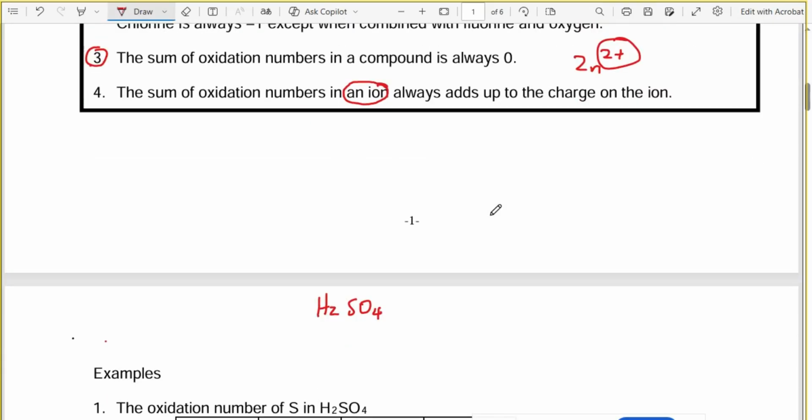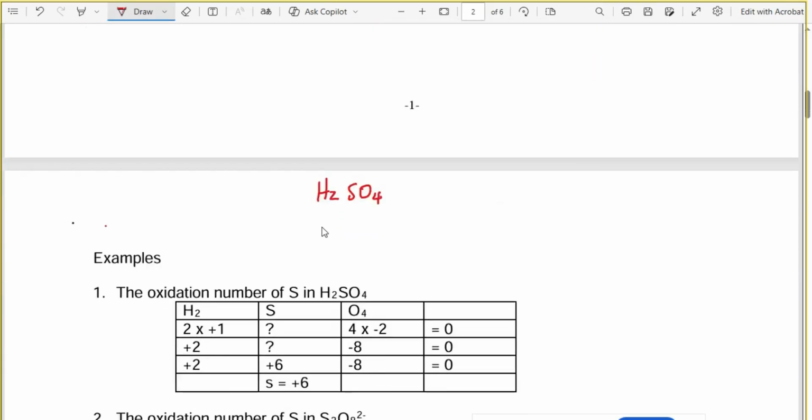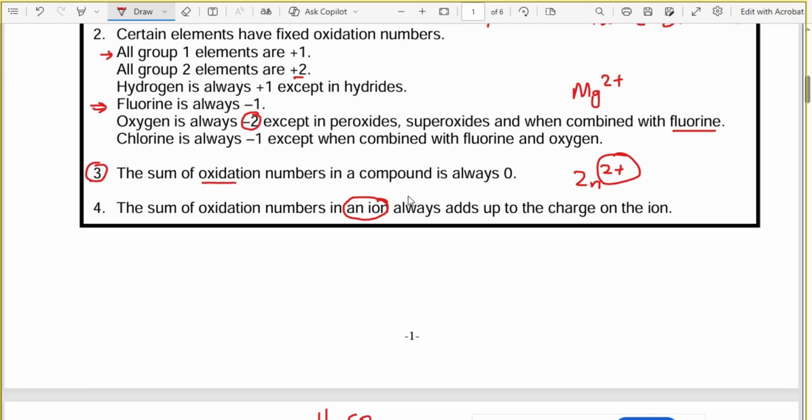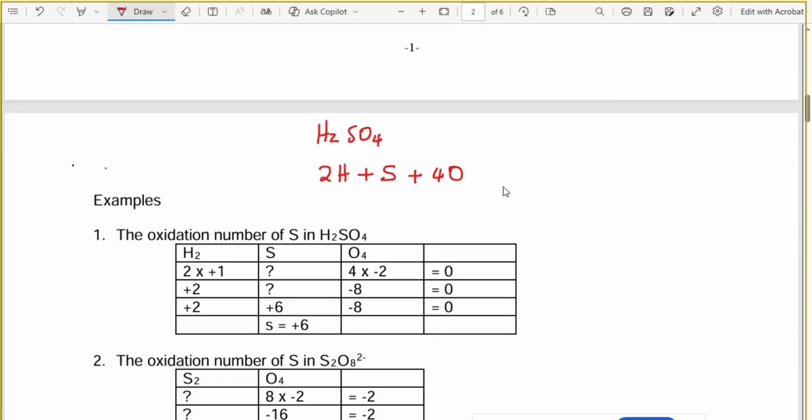The compound I'm given is sulfuric acid, so I have 2 hydrogens, and this acts with sulfur, and then 4 oxygens. Are you happy with that step? The sum of oxidation numbers in a compound is 0, so when we add the oxidation numbers of these, we should get 0.